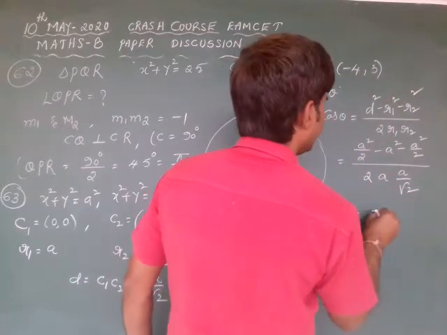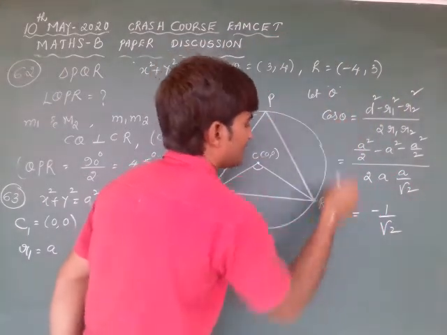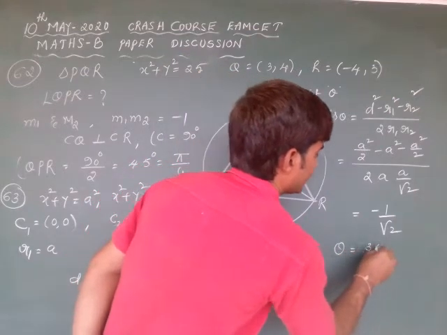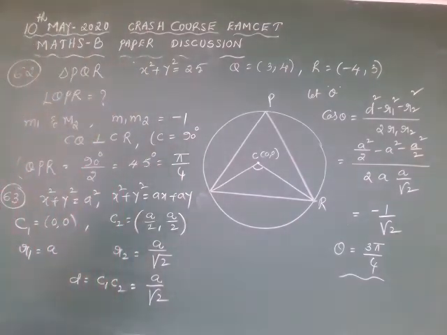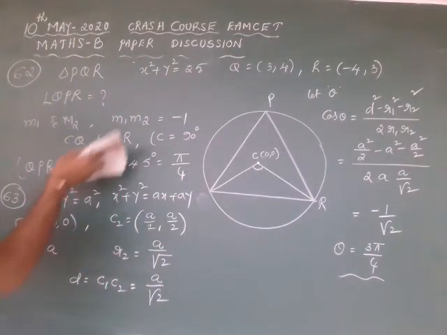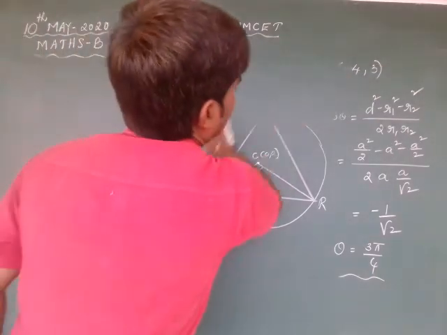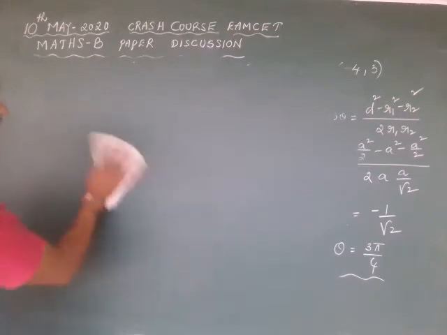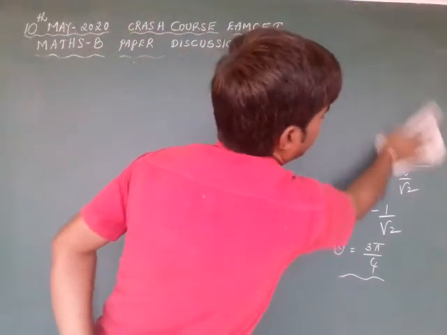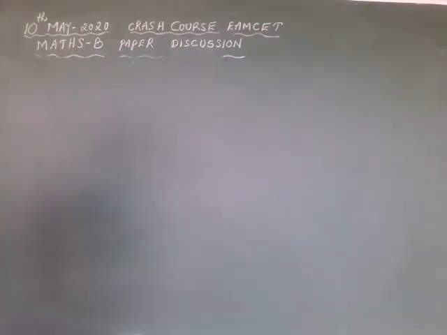Simplifying it, we get minus 1 by root 2 as the value of cos theta. Then theta is 3 pi by 4, which means 135 degrees, is the required angle between the given two circles. Theta is equal to 3 pi by 4, 135 degrees, written in radian measure, 3 pi by 4.